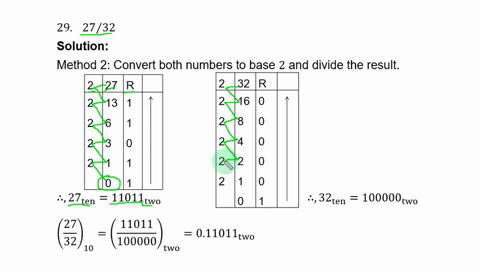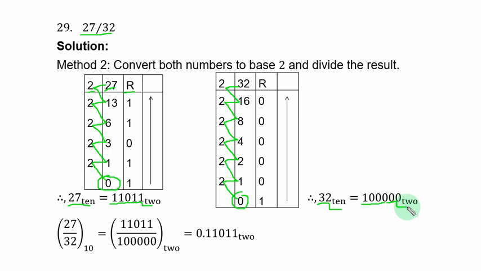Divide 2 by 2, you have 1 remainder 0. Divide 1 by 2, you have 0 remainder 1. The quotient is 0. You stop division and you record the answer upward, such that 32 base 10 is equal to 100000 in base 2.